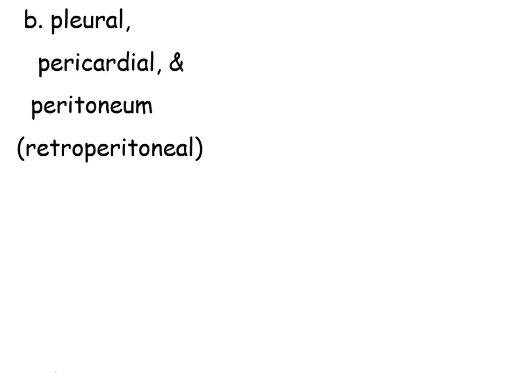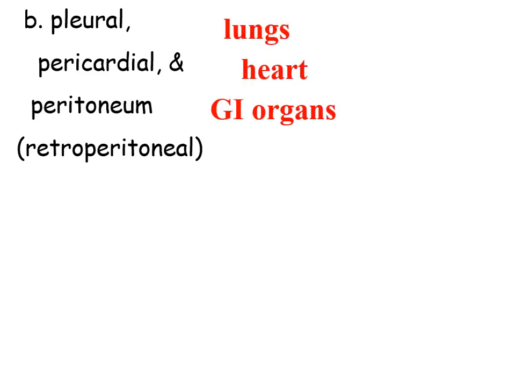So, different kinds of serous membranes are pleura, pericardial membranes, and peritoneum, which is the visceral coverings of the abdominal pelvic cavity. Now, some organs end up outside of that peritoneal cavity, and so we call them retroperitoneal.